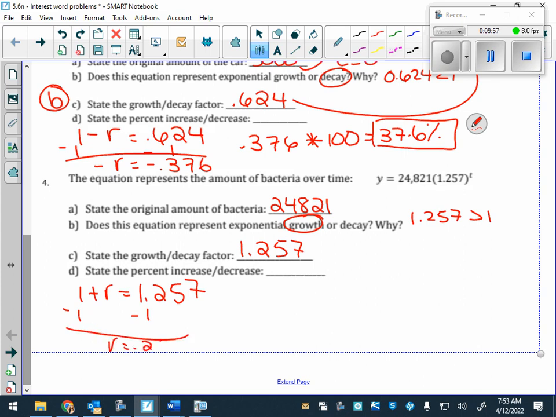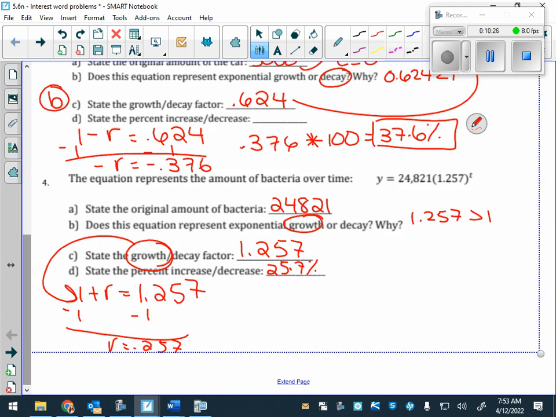Rate is 0.257, making your percent increase 25.7%. Okay? So if it's larger than 1, you have a growth factor, and you have to find the rate for the next question. 1 plus r. Okay?